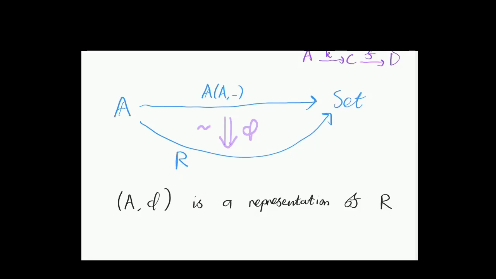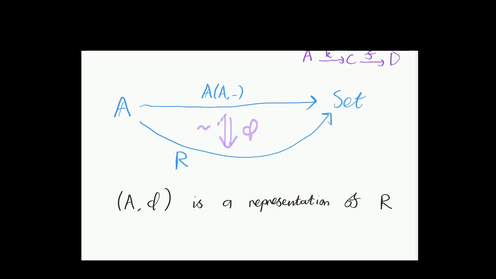And the idea is that there should be an isomorphism from one to the other, and we call that isomorphism phi. So phi is just a natural transformation from this hom functor here to R, but it's a natural transformation which is an isomorphism. Okay, so there should be an inverse of this.